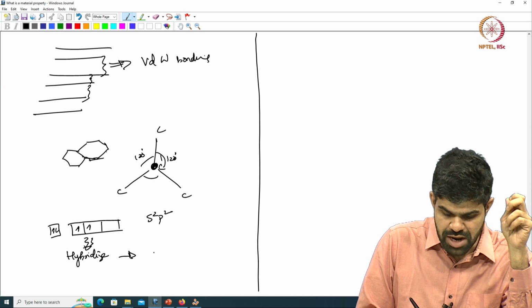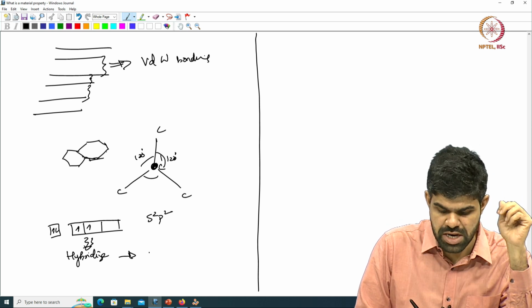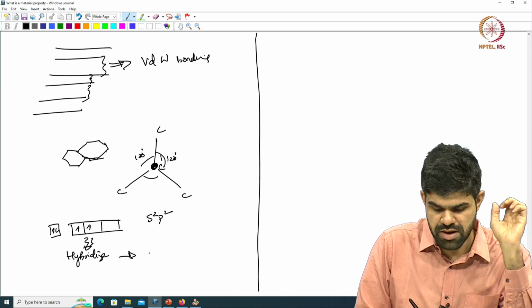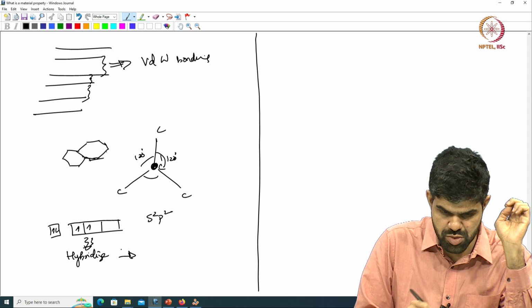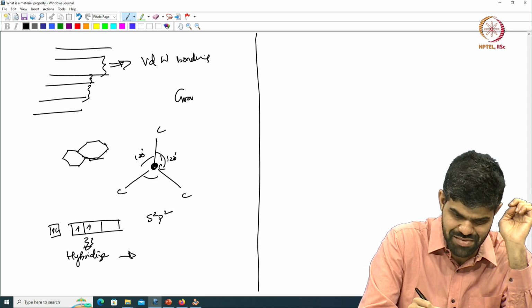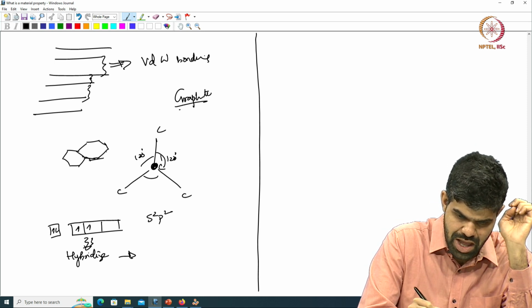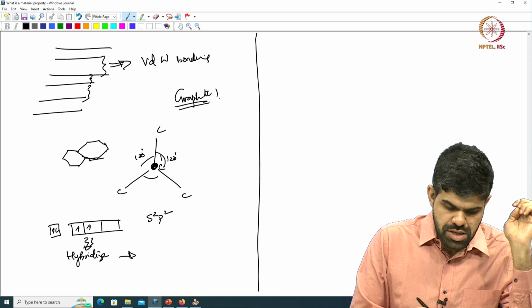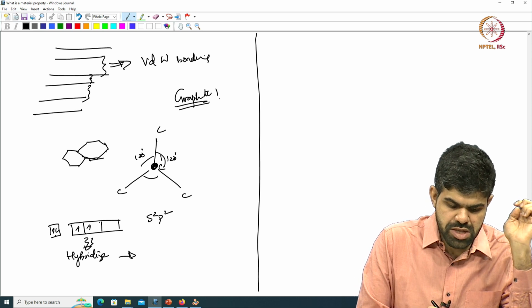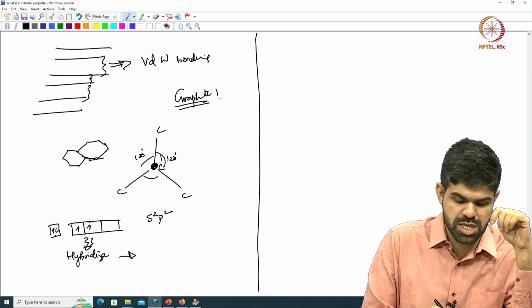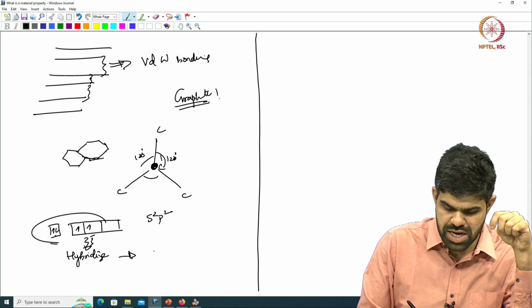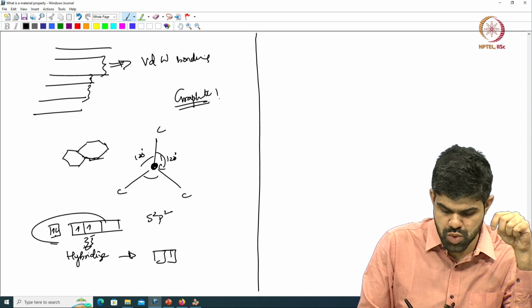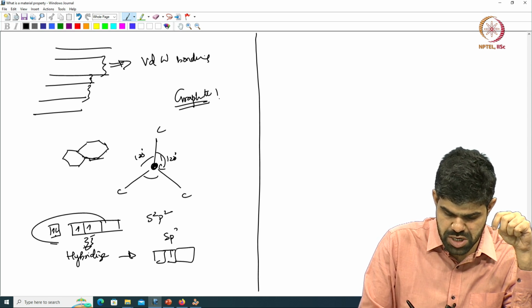So, in graphite, or in graphene, or in graphite to a certain extent, let us talk about graphite first. This s orbital hybridizes with 2 p orbitals, creating what are called 3 sp2 orbitals.